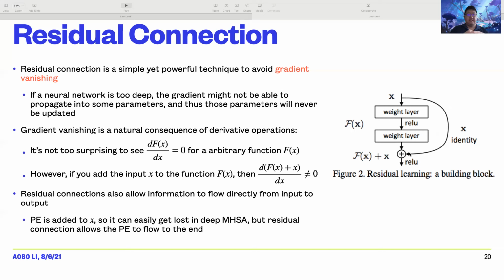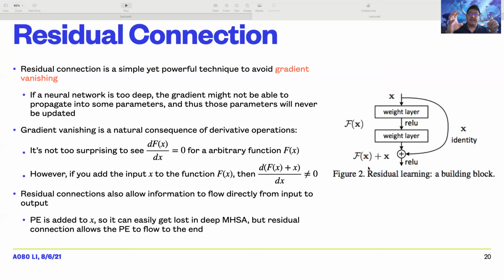Another advantage of residual connection is that it allows information to flow directly from input to output, because you are directly adding your input to your output. For example, the positional encoding is added to x, so it's added to the input before we feed it into the multi-head self-attention layer.